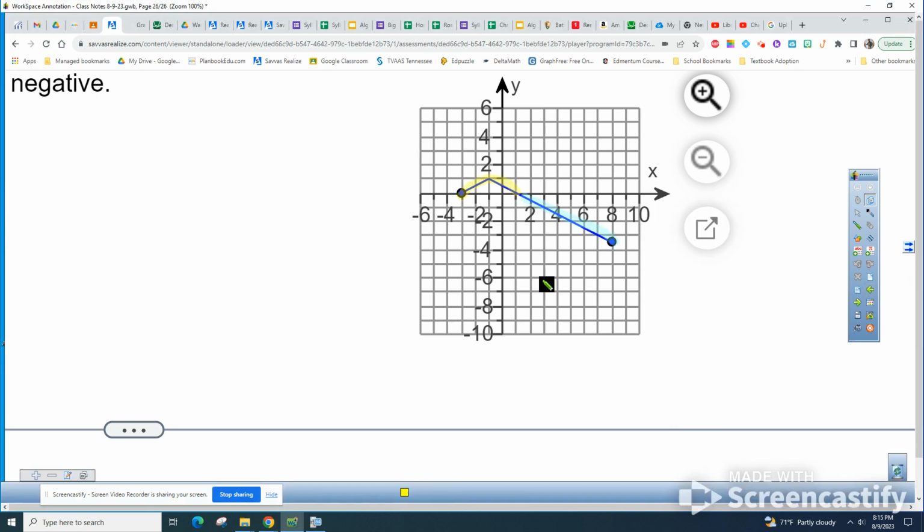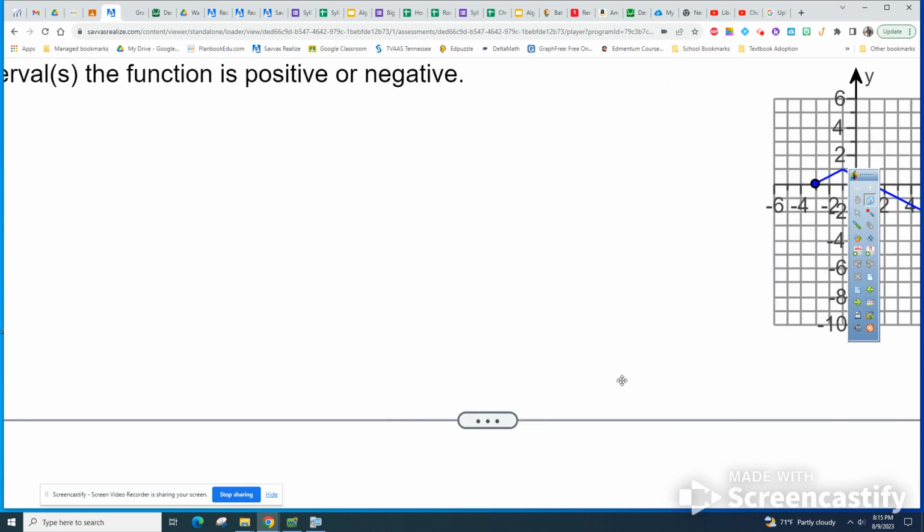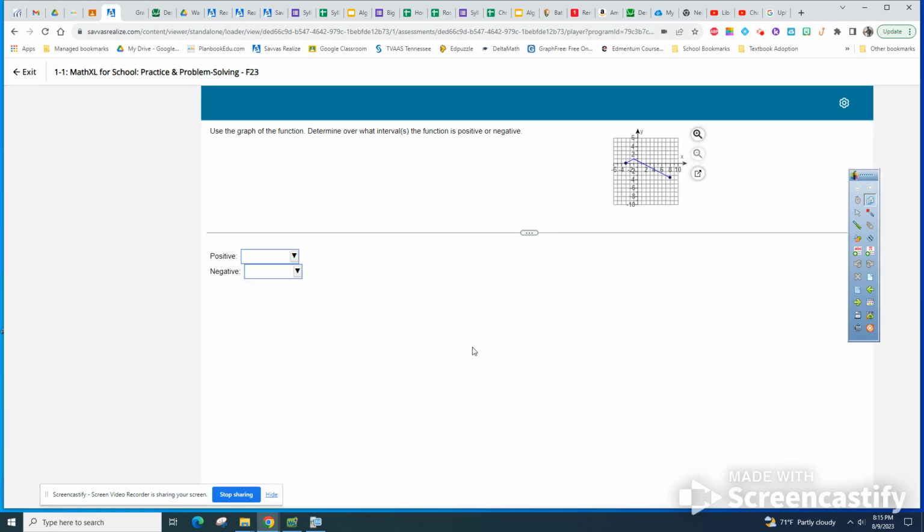Go back. So for some of y'all, this is -3, 1 right there. And then this is 8, right? So those are our three numbers. Right over here, it's got pull down menus.